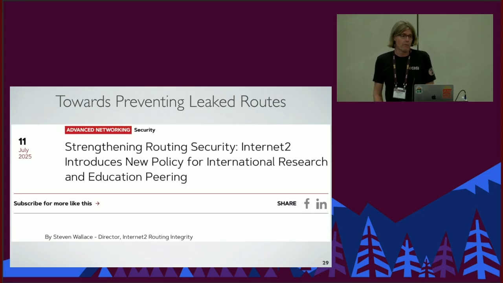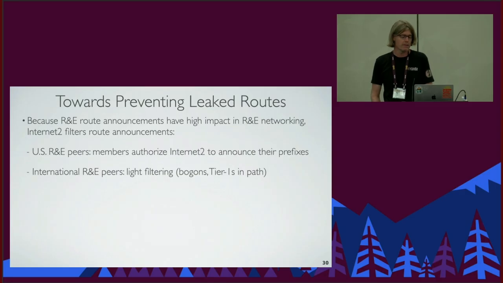So what this speaks to is the need to be able to prevent leaked routes. Steve has written another blog article about this. And the gist of it is that at the moment, Internet2 requires US R&E network members to authorize Internet2 to then announce their prefixes.